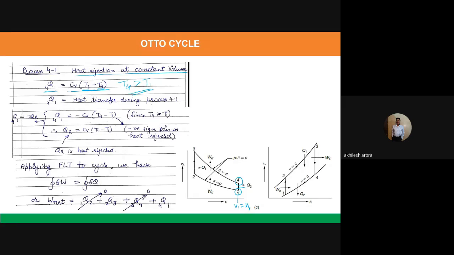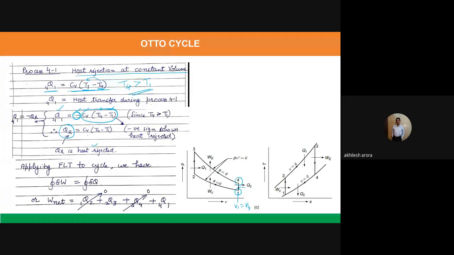So what I have done in the next line here is, I have written Q4 to 1 is equal to minus Cv (T4 minus T1). So I have replaced it, and the negative sign has been taken out. Now you can see here, this total quantity is positive, and the negative sign is there in front of it. So it means it's a sort of heat rejected. So in the next line, I have written QR. QR stands for heat rejected.